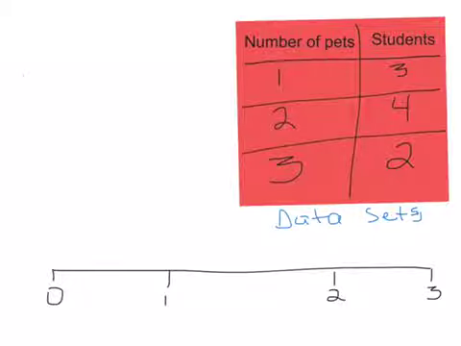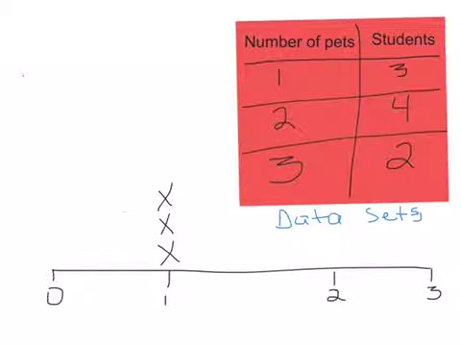Okay, on your line plot, we should have had a number line that began at 0 and ends at 3, because our data set number of pets goes from 1 through 3. We had 3 students that had 1 pet, so we show that by making 3 X's, 1 for each student.